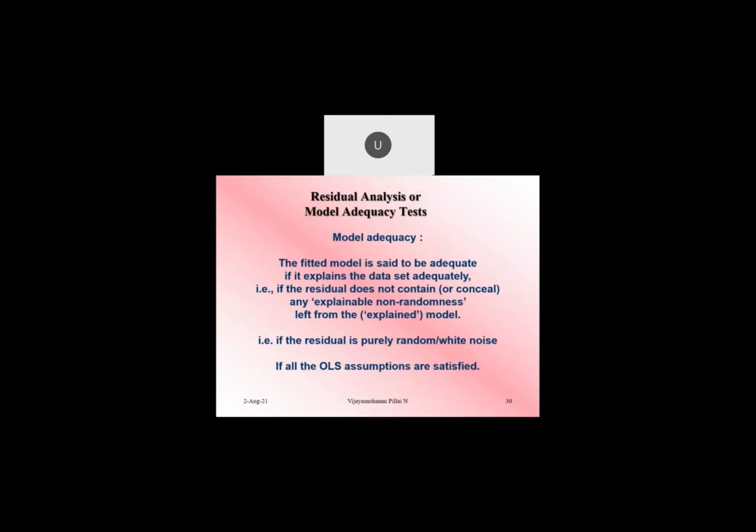So the residual should be purely random, or what is called white noise in time series analysis, or in general a spherical error in econometrics. We have already seen the error term U is said to be a spherical error. Similarly, the residual that we get as the estimate of that error term must be purely random, or it must be a spherical one.